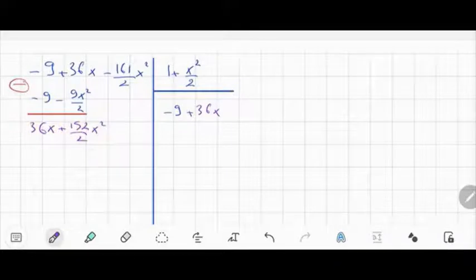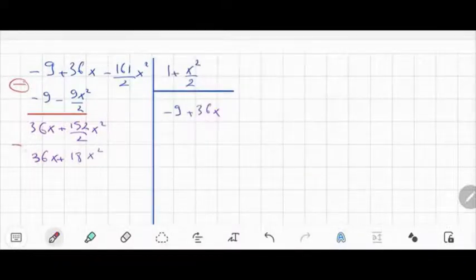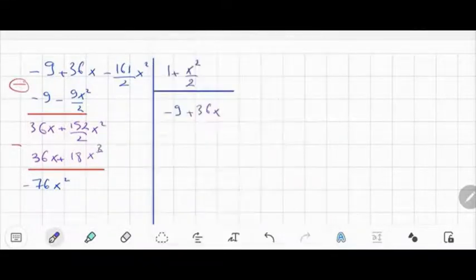It will give us 36x plus 18x³, and then we subtract again to obtain minus 152 over 2, which is 76, minus 76x². Sorry, here it's an x³ in here, so it's minus 18x³.